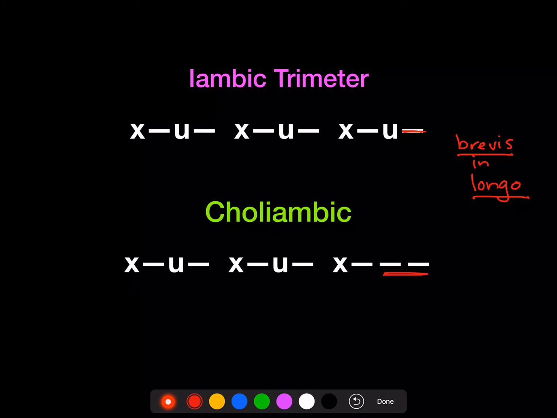Where instead of an iamb, like you have in iambic trimeter, you have a trochee, which is to say long, short, except remember, because that last syllable is at the end of the line, that last beat always counts as long. Okay? So that's why they're called limping iambics.